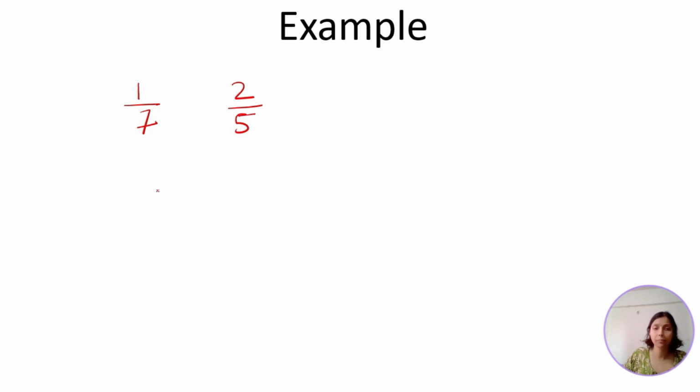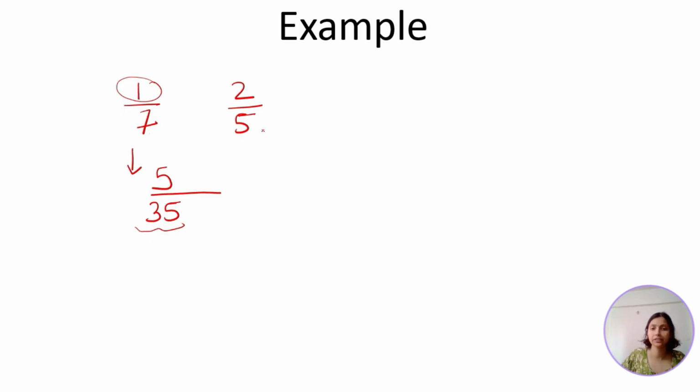So suppose I have the fractions 1 by 7, 2 by 5. I will bring the denominator same. So I will take the LCM 35, least common multiple. I can take any other common multiple of 7 and 5. So I will change it to a fraction whose denominator is 35. So obviously the denominator needs to be multiplied by 5 to get 35. So I need to multiply numerator also by the same number.